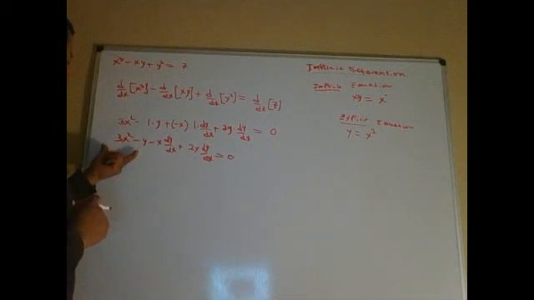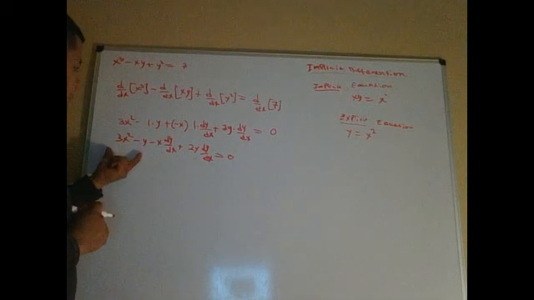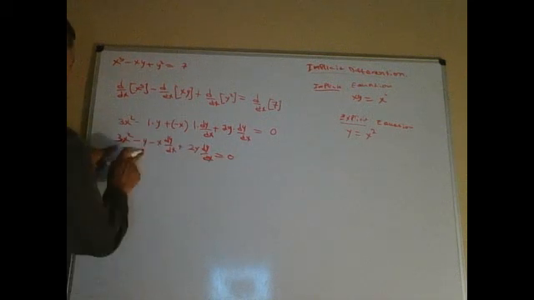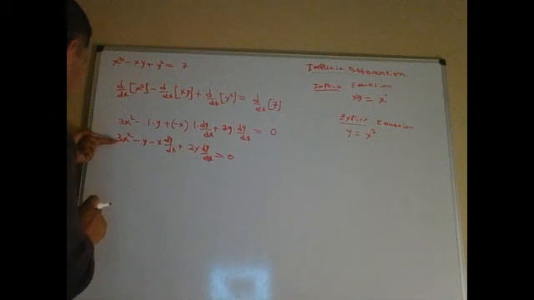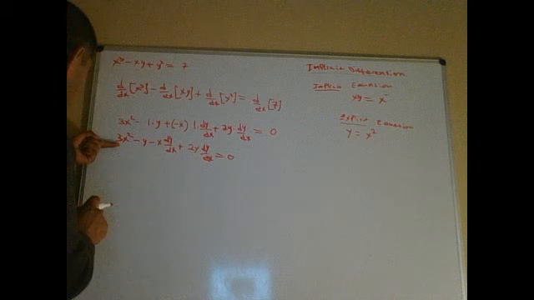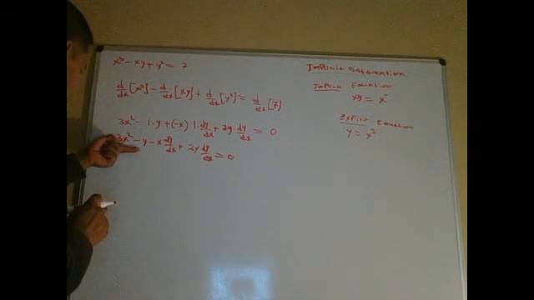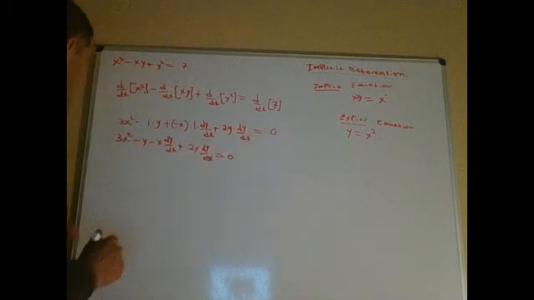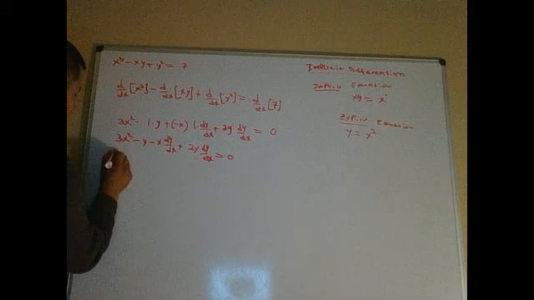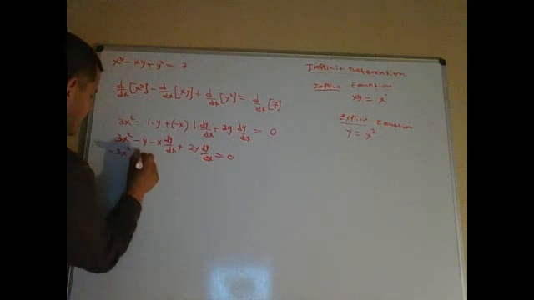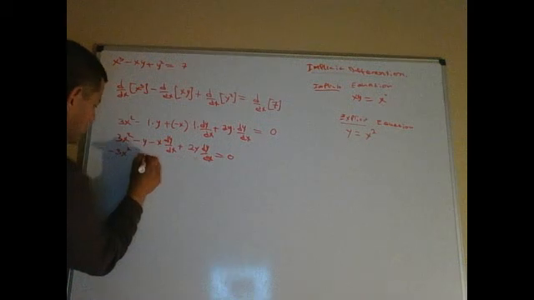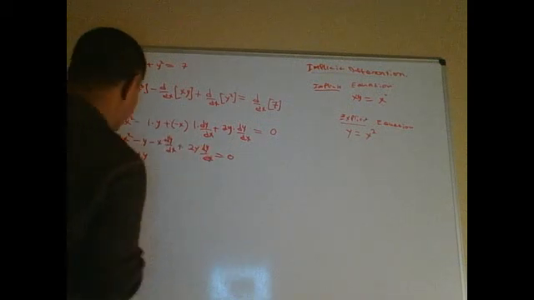Now I am going to move whatever doesn't have the dy/dx to the other side. Well, this piece right here doesn't have the dy/dx, so I have to subtract 3x squared and minus y. I have to move them to the other side. So I get minus 3x squared, and I have to add y, so it's plus y on this side, right?